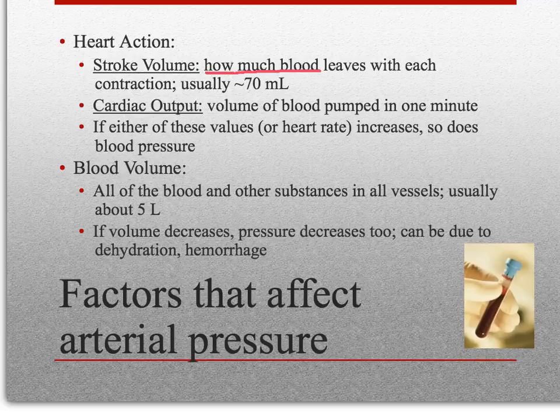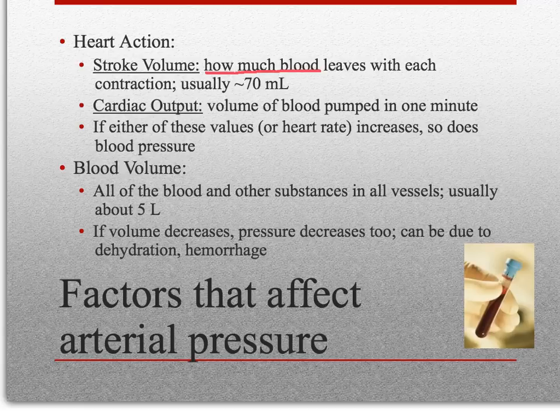And it's typically about 70 milliliters, which is really not very much. I'll show you in class how much that is. We can also measure in terms of cardiac output, which is usually in a value measured over 1 minute. So the volume of blood, how much blood is moved out of the heart in 1 minute.